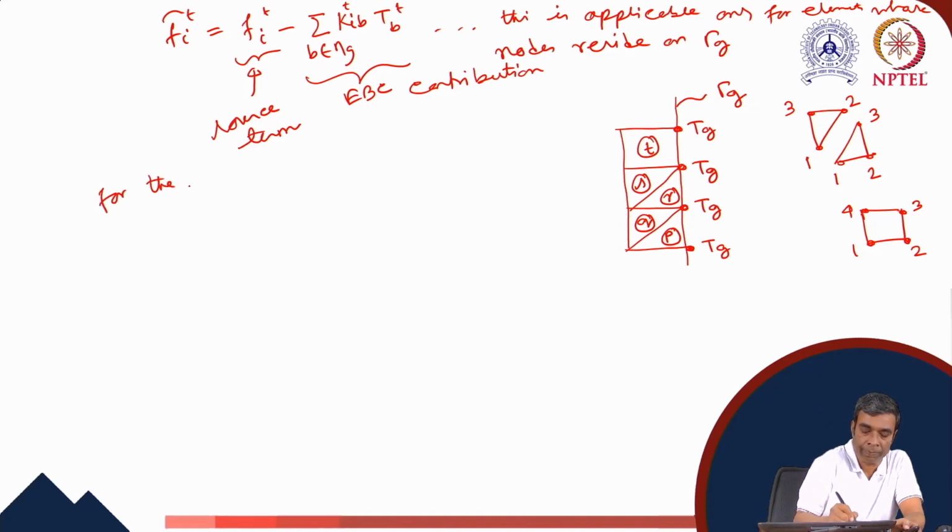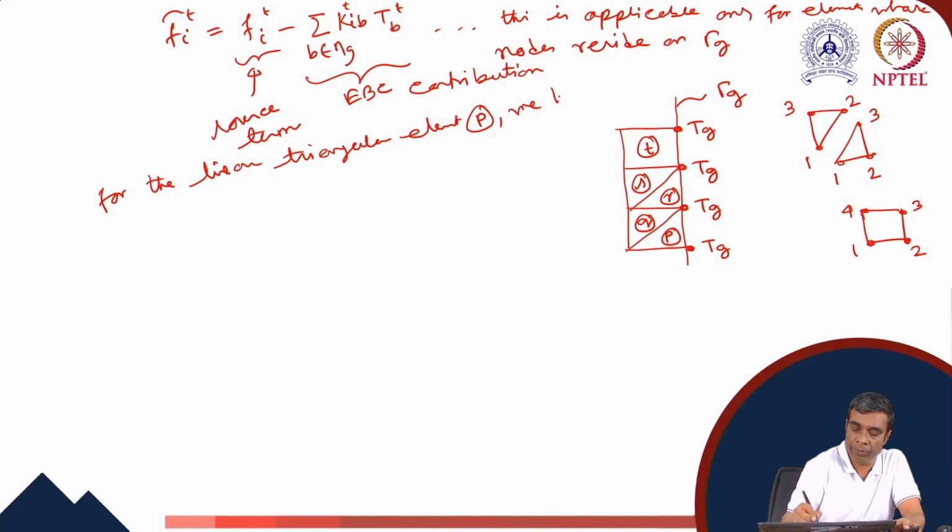For the linear triangular element P, we have F1P tilde equals F1P minus K12P T2P minus K13P T3P.